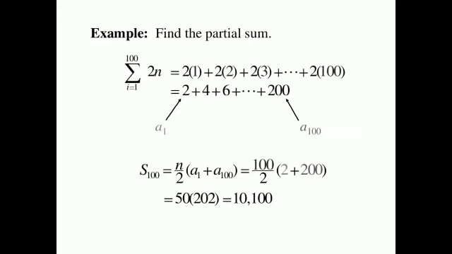So we know the first number and we know the last number. Okay, so you can follow the first formula, Sn is equal to n by 2 into a1 plus an. n by 2 means 100 by 2, into 2 plus 200, you will get the answer.